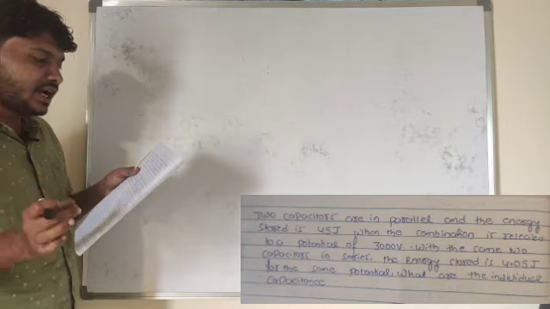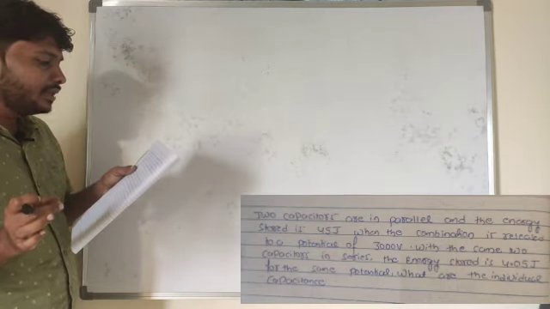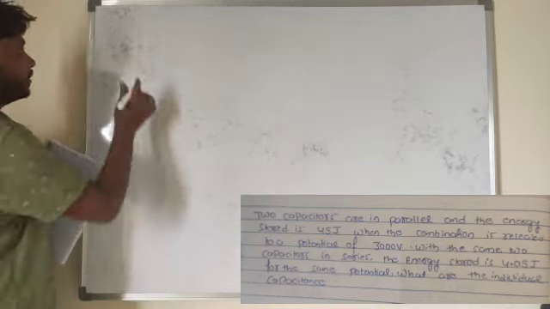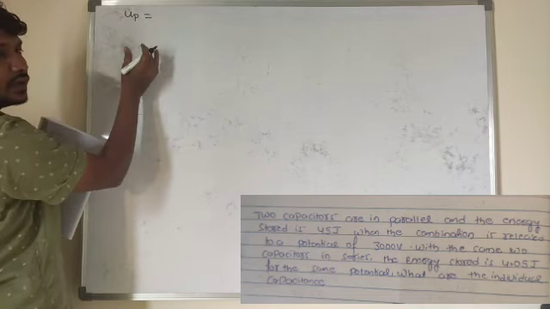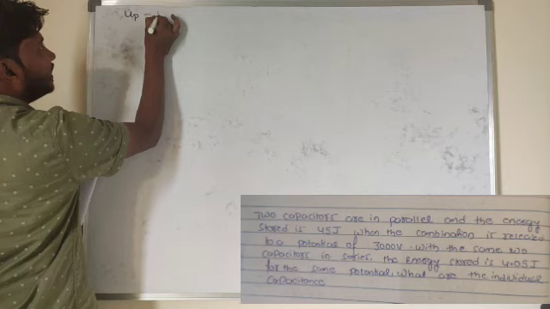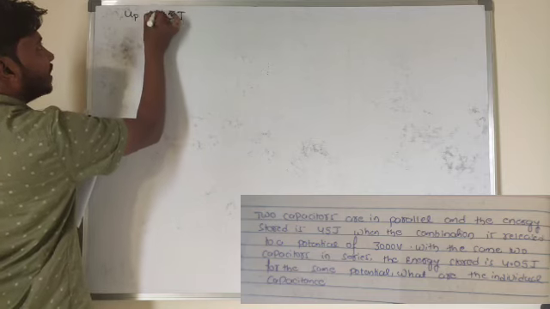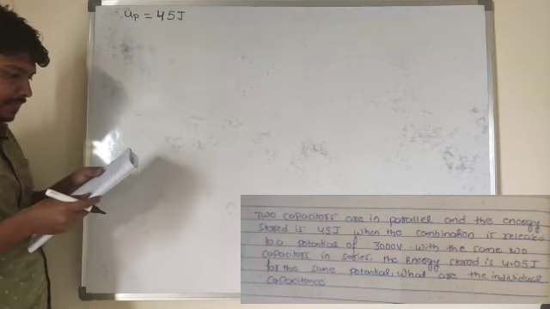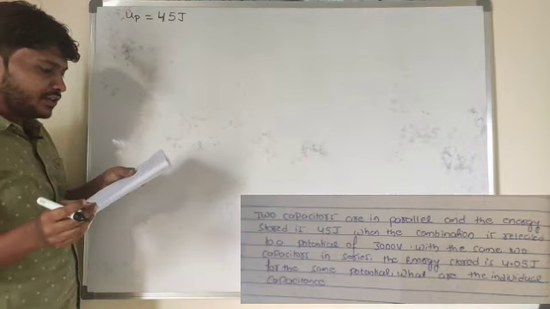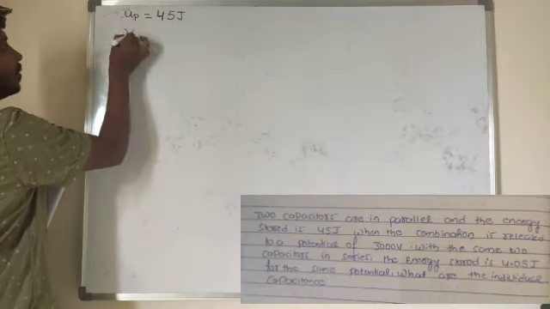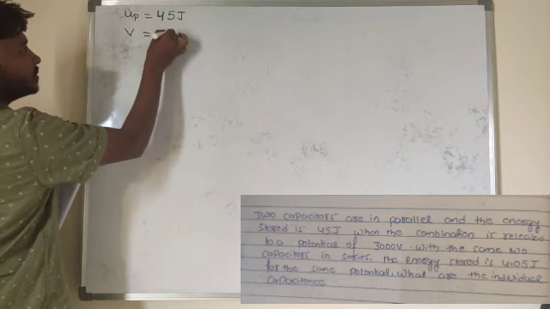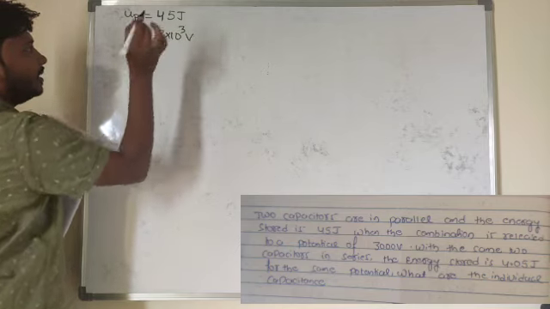Two capacitors are in parallel and the energy stored is 45 joules. So the energy stored in the two capacitors when connected in parallel is 45 joules here. The combination is connected to a potential of 3000 volt, how much potential they are supplying? 3000, 3 into 10 to the power of 3 volt here.